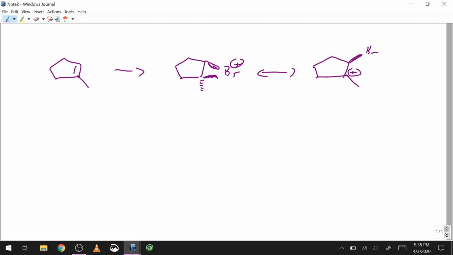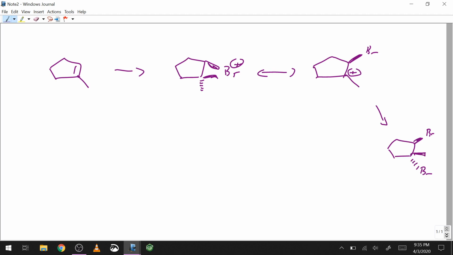Now that would not give us perfect stereoselectivity, because theoretically some of the other bromine could come in from the top face here and give us the syn addition, two bromines on the same side. But it might explain something else we see. When we react with another bromine, primarily we end up with the trans addition. We end up with an anti-addition where the two bromines have ended up anti to each other.